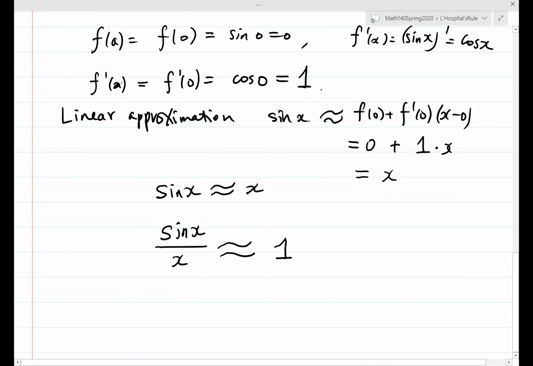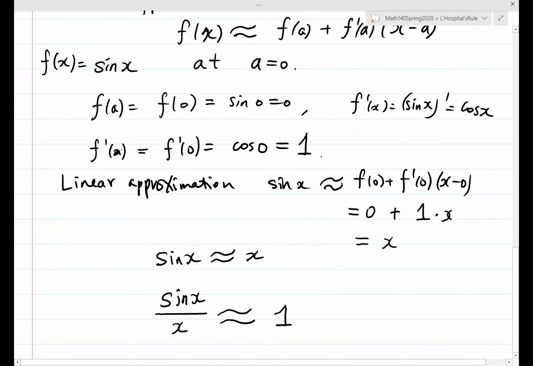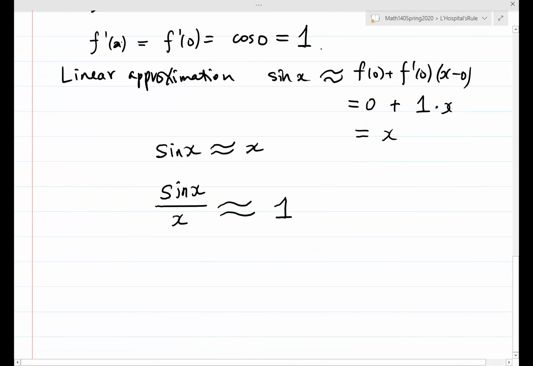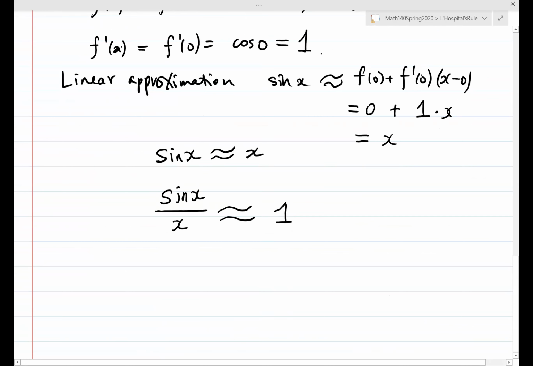We get the same result. This linear approximation says sine x is near x for x near 0.